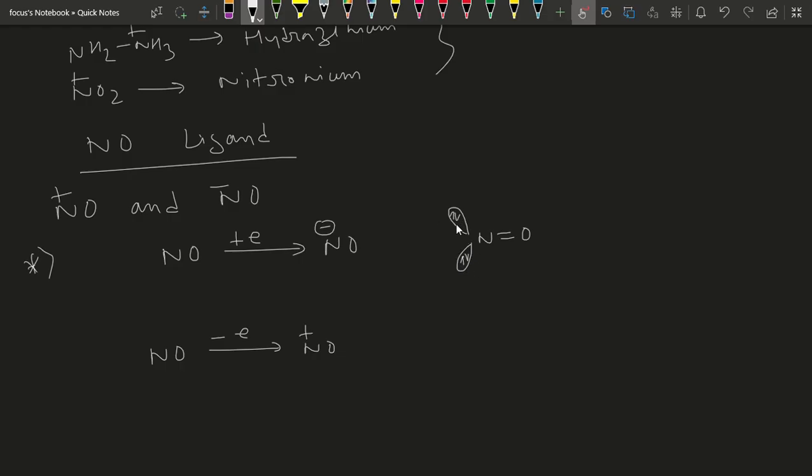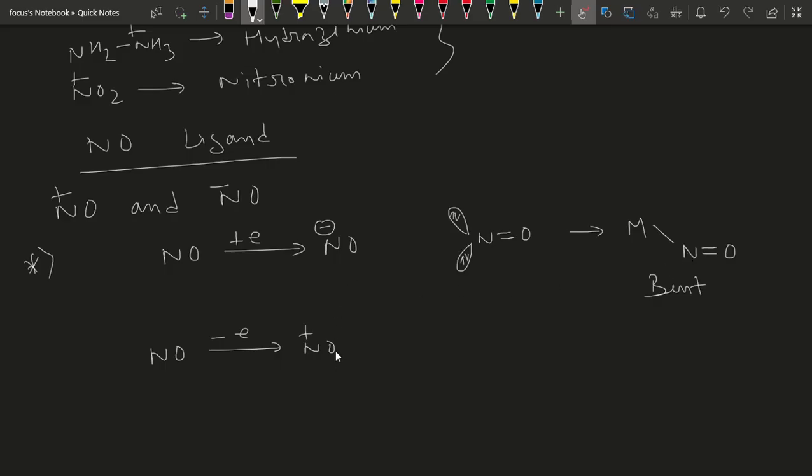there are two electrons in each orbital of nitrogen. So when this NO- connects with a metal ion, it will form a bent bond with the metal ion. It is very important. The structure is bent. So the form of NO is bent in case of NO-.